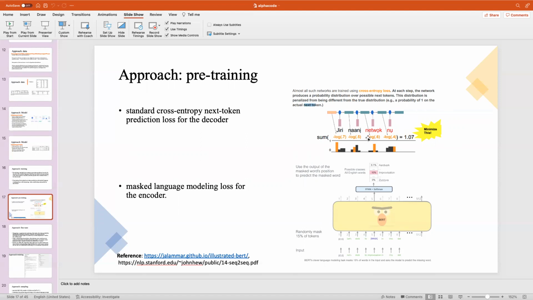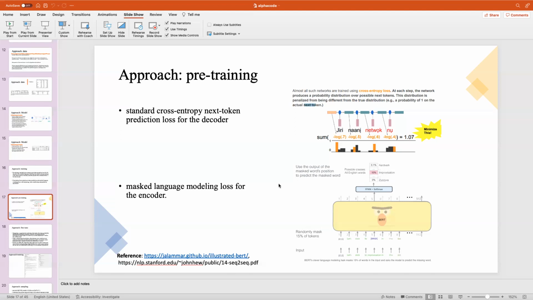For each token you compute the cross entropy loss, then take a sum of all the losses and use it as the loss function. It's very common for training a decoder and also language models, and a technique called teacher forcing is always used in training seq-to-seq models.